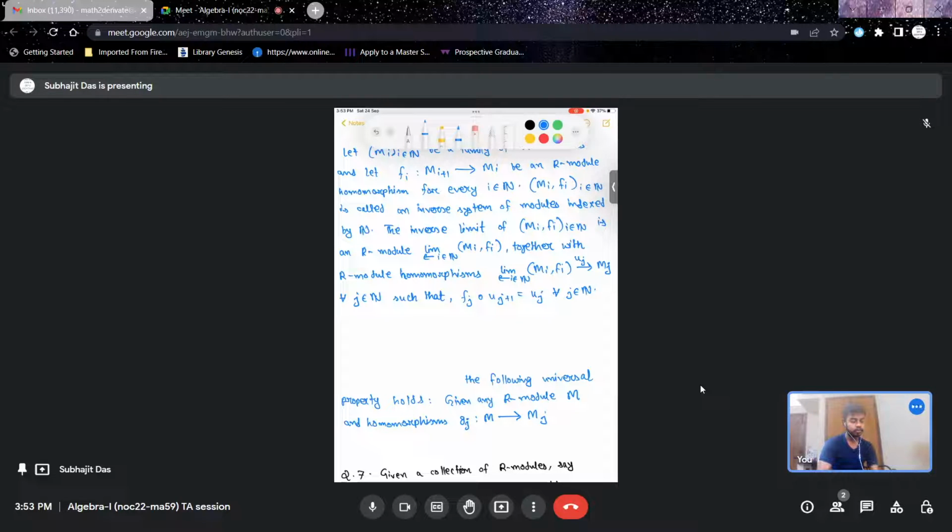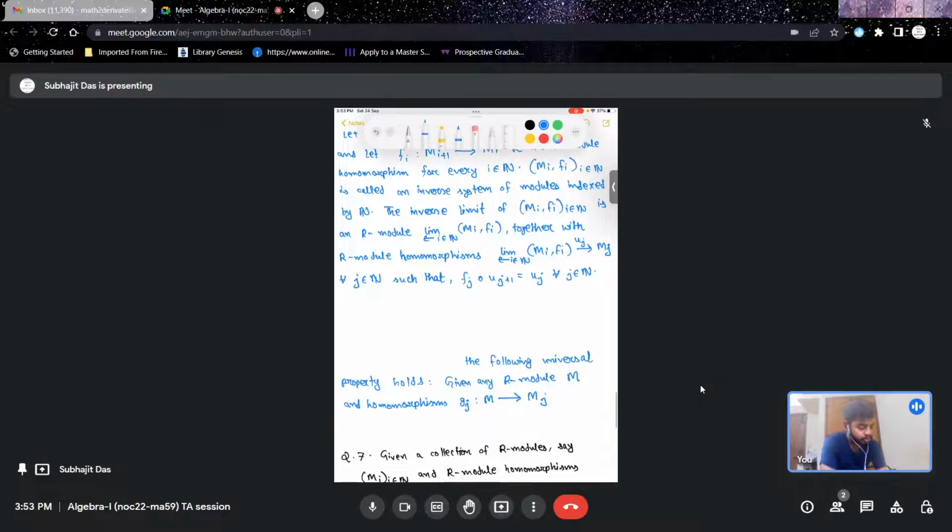This should hold, and such that the following universal property holds.